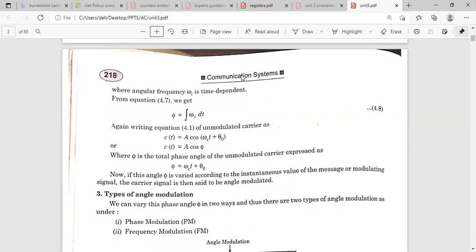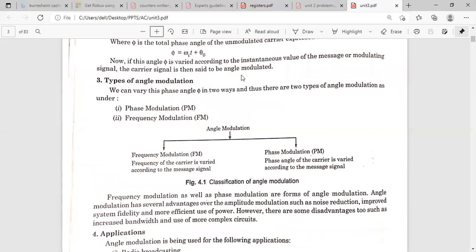So total angle modulation we can divide into two types: phase modulation and frequency modulation. If the frequency of the carrier is varied, that is called frequency modulation, and if the phase of the carrier is varied, that is called phase modulation.